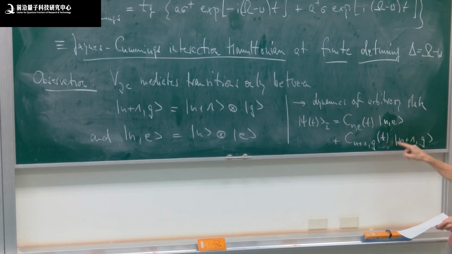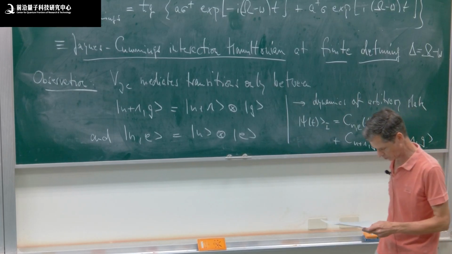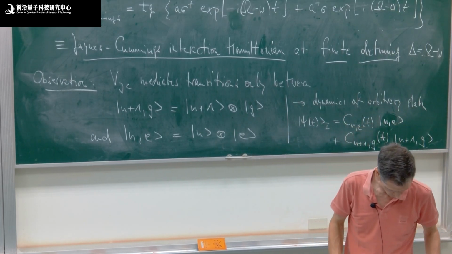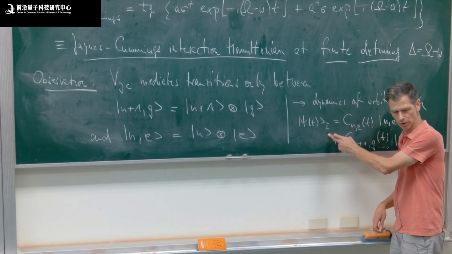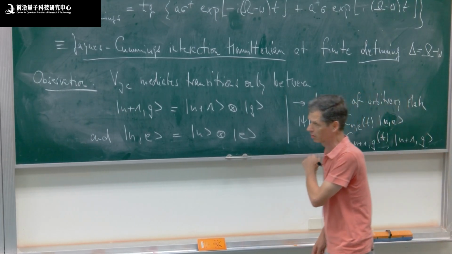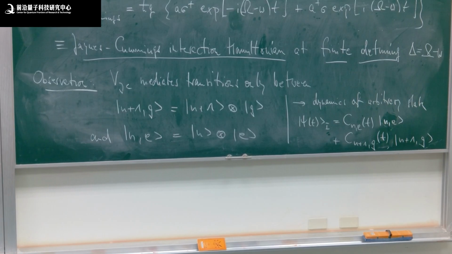So now we want to infer the time evolution of such a state where we, for example, define certain initial conditions of these expansion coefficients in the unperturbed basis. And to do that, we plug this into our Schrödinger equation in the interaction picture. Anyway, so let's take this one.